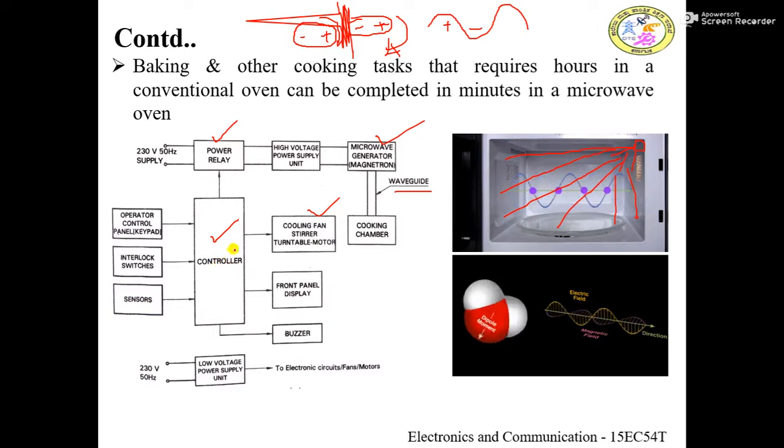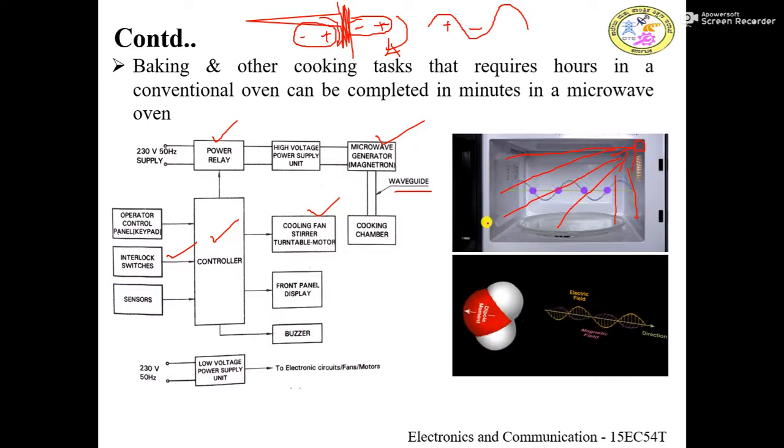Next one is the interlock switches. These are the switches which prevent the generation of microwaves unless the door is closed completely. As we know, microwaves are very powerful waves of the order of 2.5 gigahertz frequency.